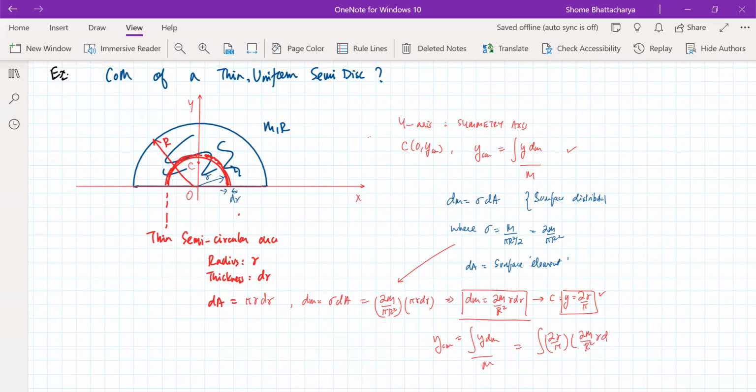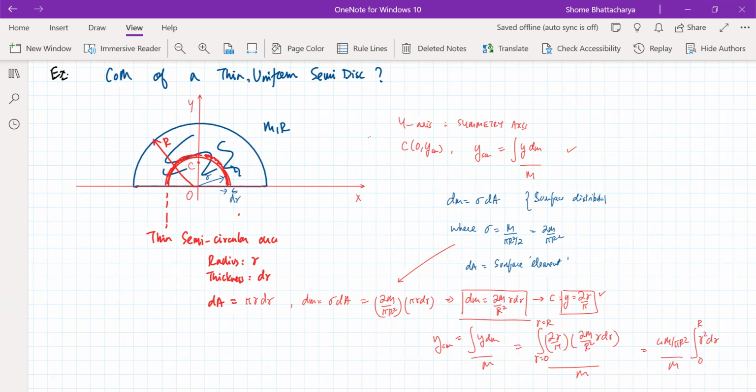I'm summing up for all the semi-rings, from the smallest one, r tending to 0, to the largest one on the circumference, r equal to capital R. Of course, I'm dividing this whole thing by m. So take all the constants outside, 4m by pi R square, and we are left with the integration of r squared dr from 0 to capital R, divided by m outside.